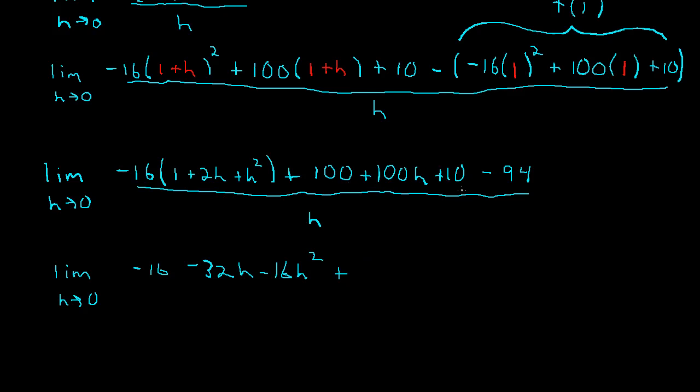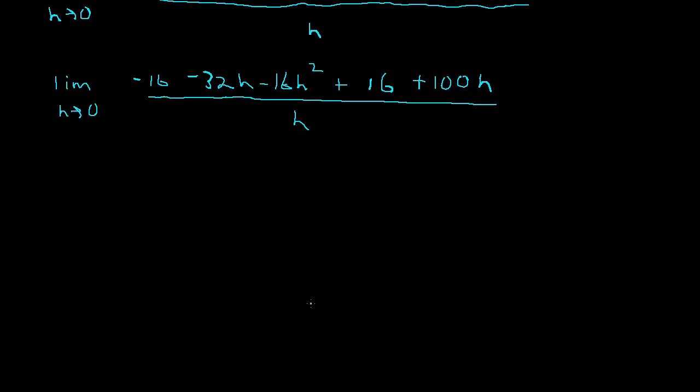Okay, so 100 and this 10, and this actually minus 94 is going to be, what would that be? That'd be 16? Positive 16. Okay, all, whoops, I forgot this 100h here. There's my numerator, all over h. Okay, moving on.